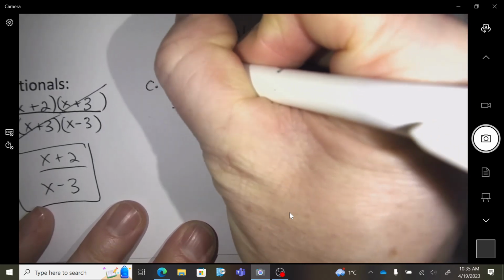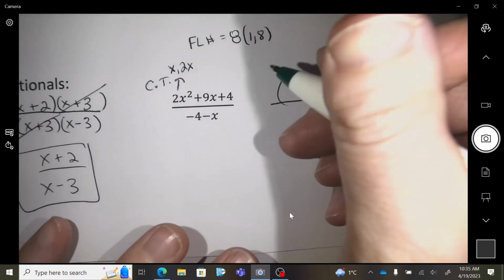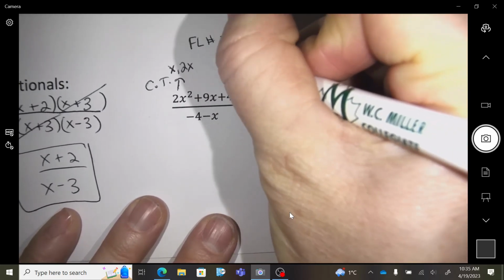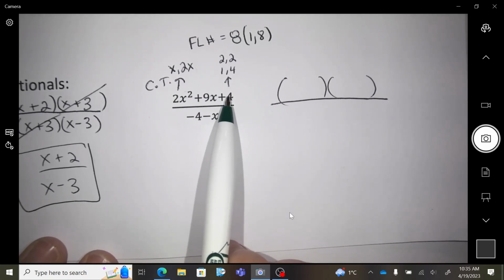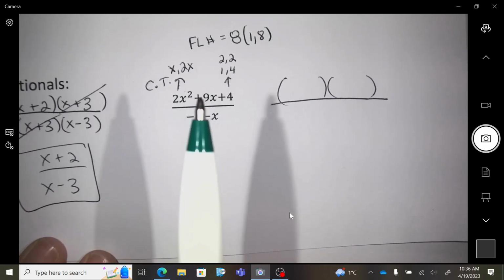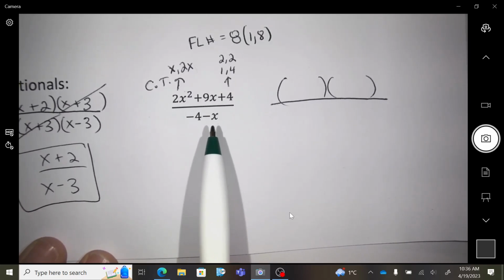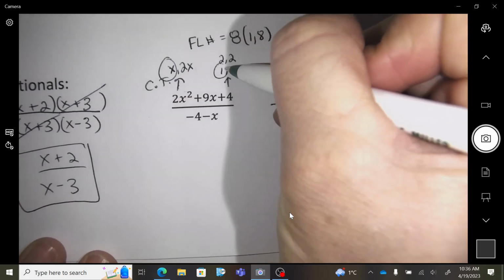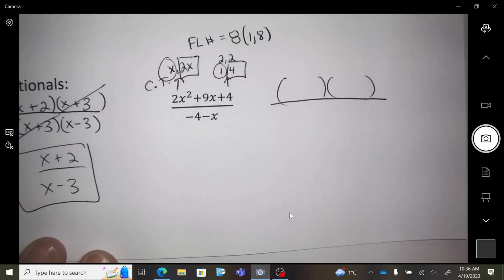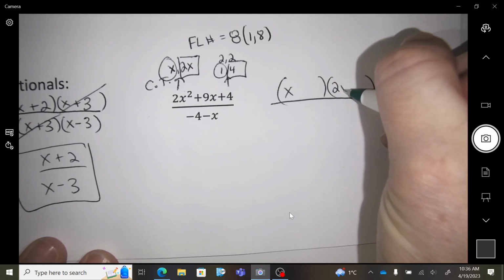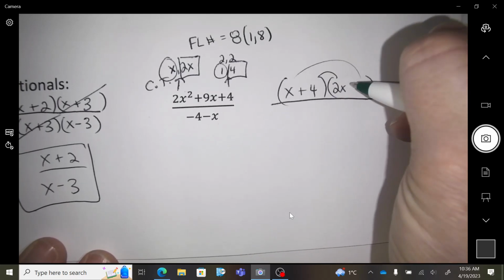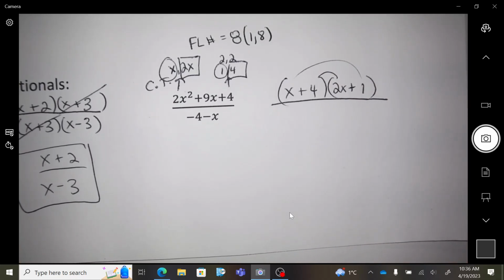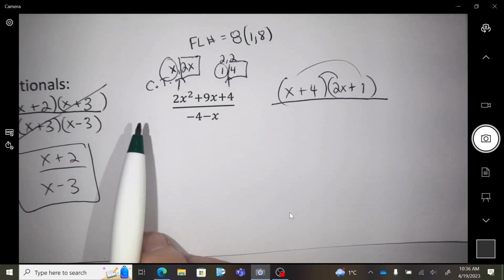This is 1x times 2x. There's only one option. This has 1, 4, or 2, 2. I need to make that 8 and the 1. 8 and a 1. So complex.